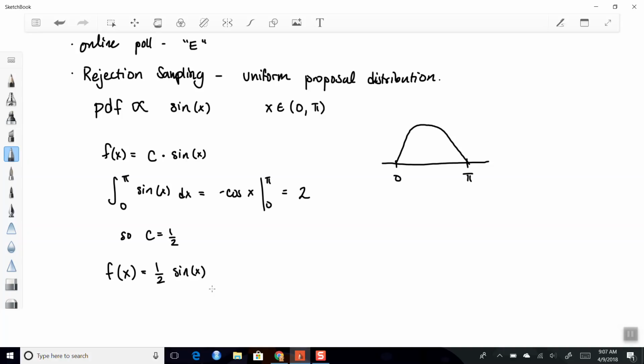Okay, so this is going to be the target distribution. This is the distribution from which I want to sample. This is a simple distribution, and so we could easily implement the inverse CDF method, okay?